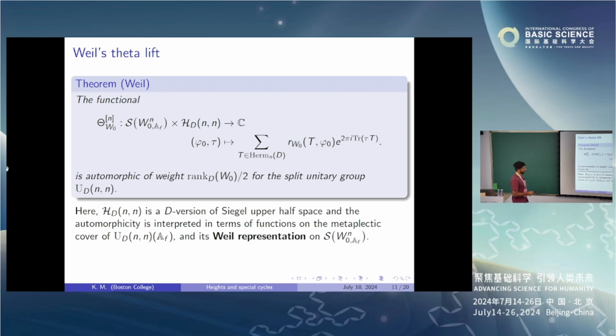As I said, if you take D to be Q and n to be 1, the split unitary group is just SL2. What does automorphic mean? It means two things.